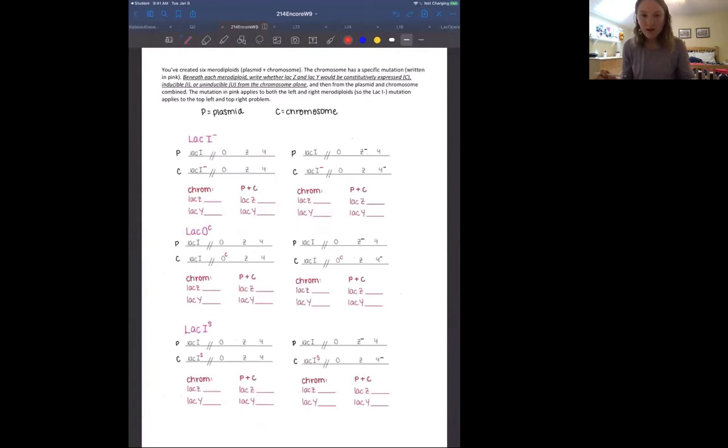Okay, so for this one, you were supposed to figure out what the phenotype would be just of the chromosome, and then what the phenotype would be when you have the plasmid and the chromosome.